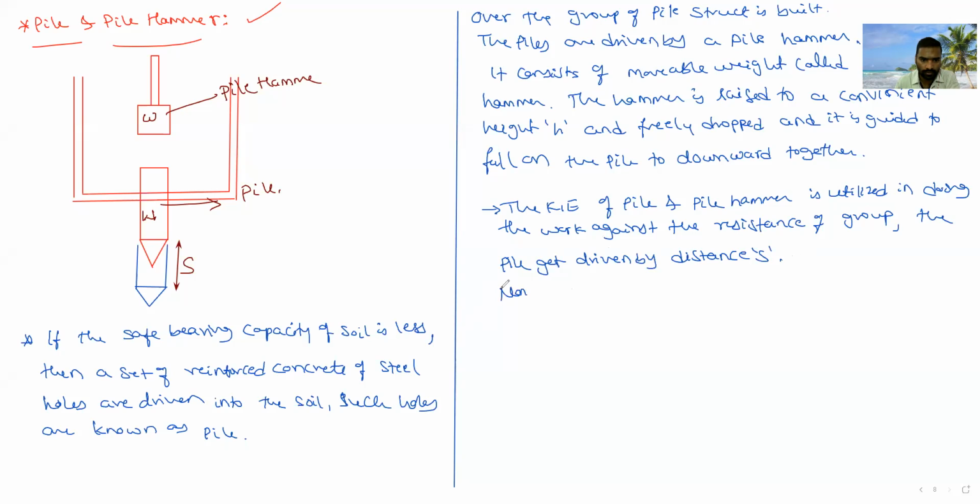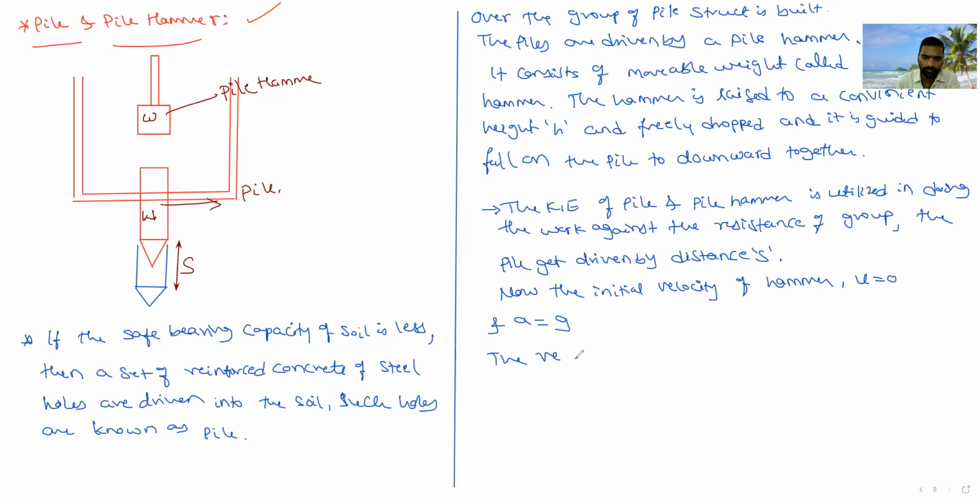Now, the initial velocity of the hammer u is equal to 0 and acceleration is equal to g.